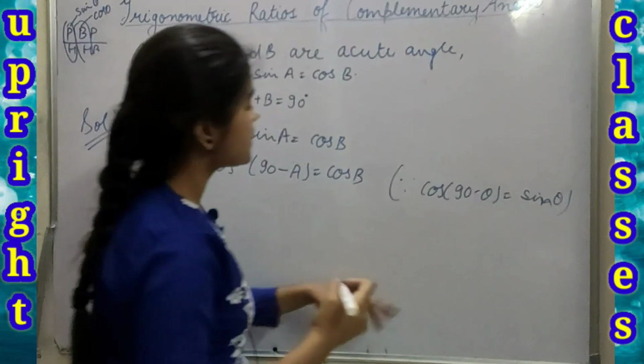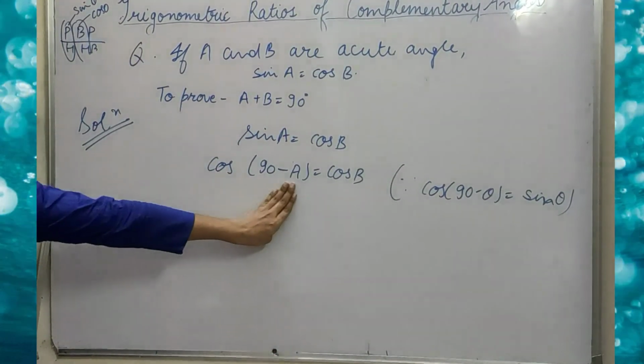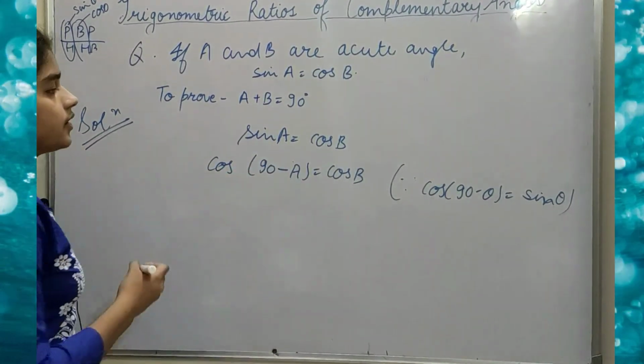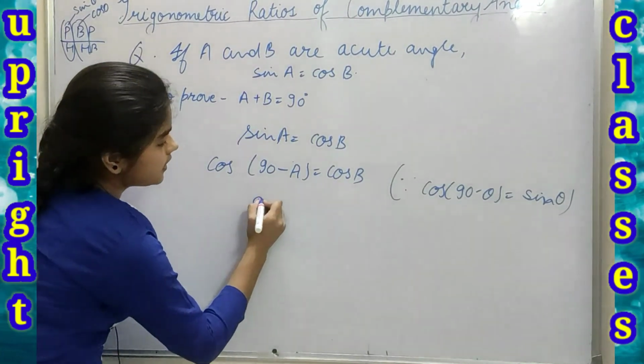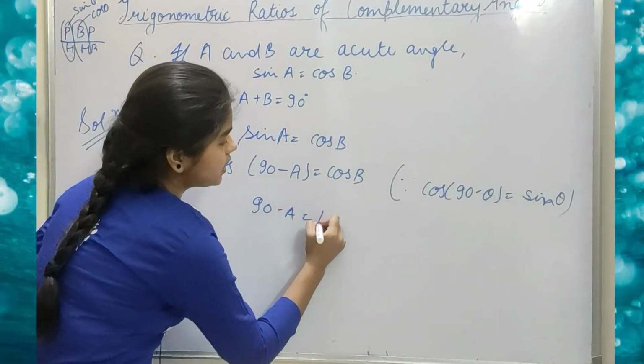From this identity we got this cos of (90 minus A) will be equal to sin A. Okay, now on equating cos, you will get 90 minus A is equal to B.